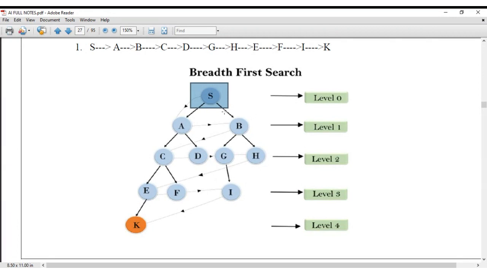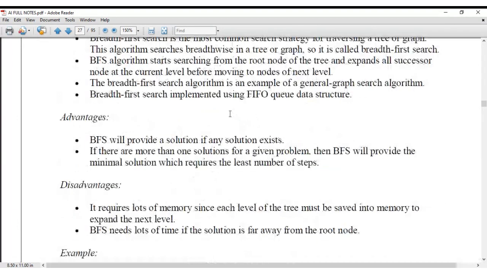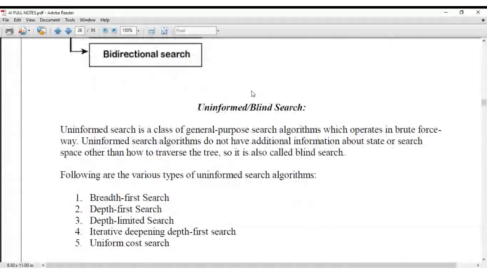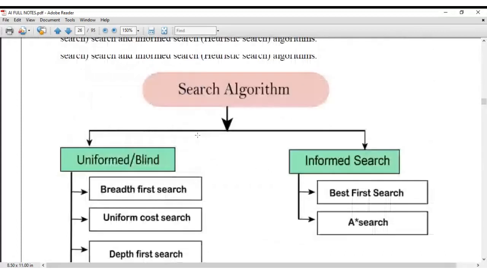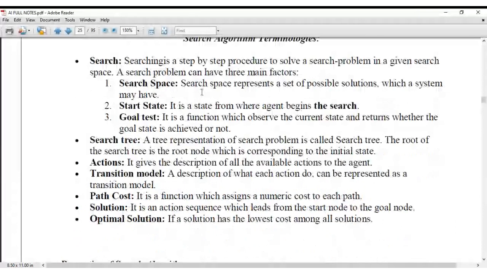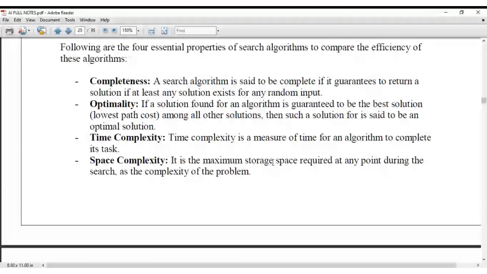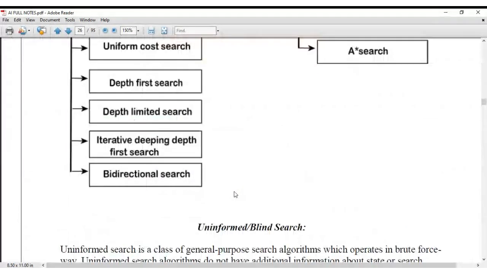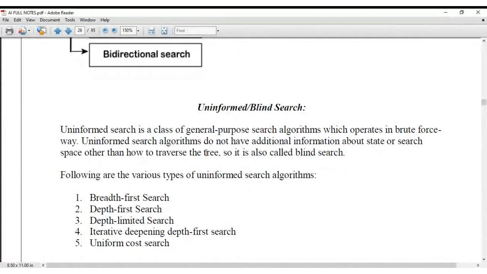So basically we are saying that in uninformed searches the algorithm doesn't have sufficient information about the root node. It doesn't know where to start, or even the search space. In other words, it does not have knowledge about the possible solutions. So you can actually say that uninformed search algorithms are one of the most complex search algorithms.